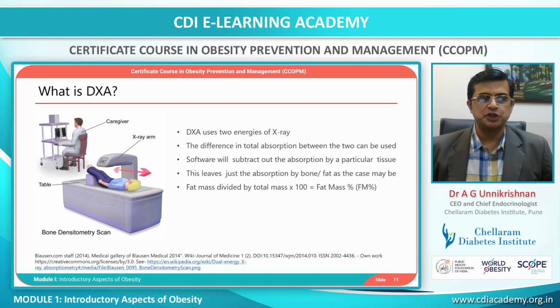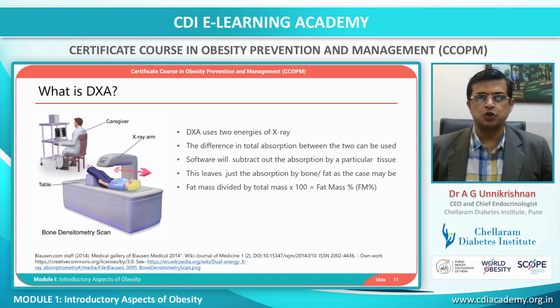Now this slide introduces you to dual energy X-ray absorptiometry, or DEXA. You can see the picture of the caregiver, the X-ray arm, the table, and the person lying down, which is a process of the bone densitometry scan, which is also used to quantify body fat. The DEXA utilizes two energies of X-ray.